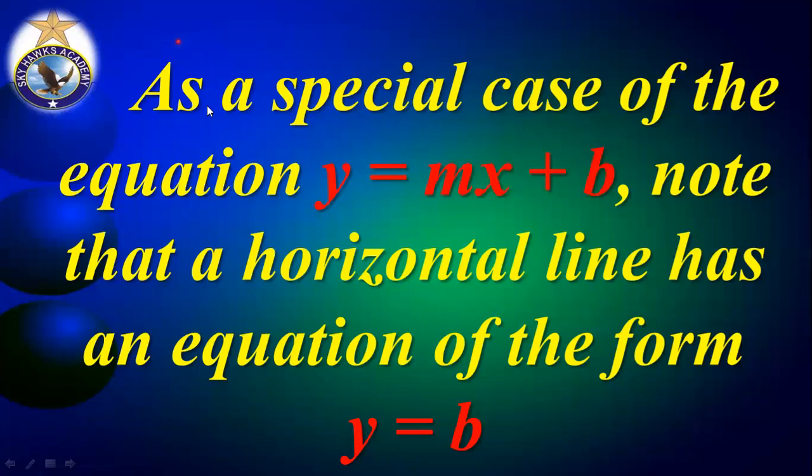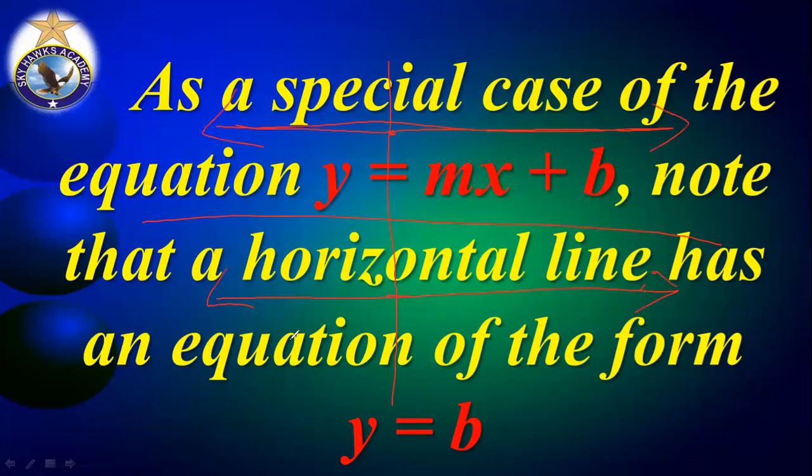If I'm going to make this, these are the axes, let's suppose, and b is somewhere on this y-axis. So this is the line, because the slope m is 0. If b is negative, this is the line. So these two lines are parallel to what? These two lines are parallel to the x-axis, because this is the x-axis, and this is the origin.